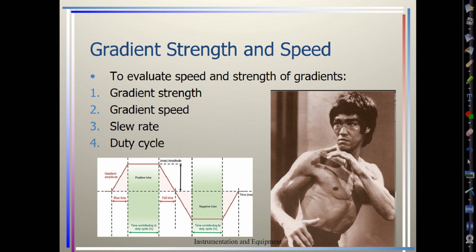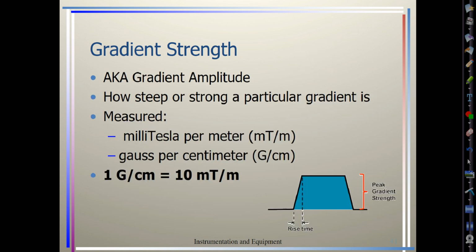But let's define these again because this is going to be on this exam as well. But our gradient strength is also referred to as our gradient amplitude. So how high that gradient is turned on. How steep or strong a particular gradient is.